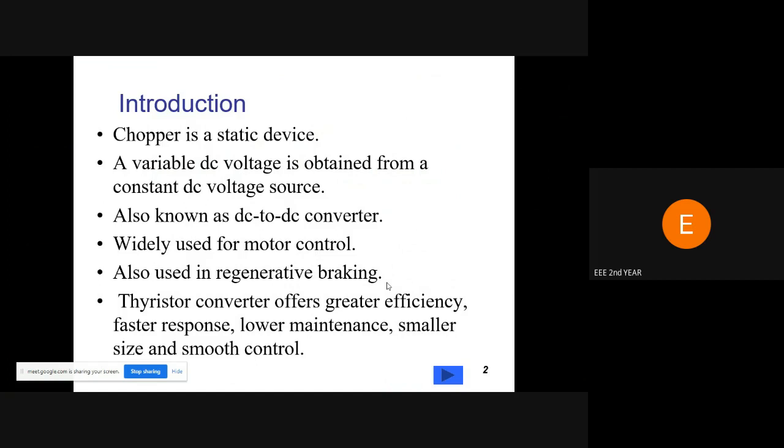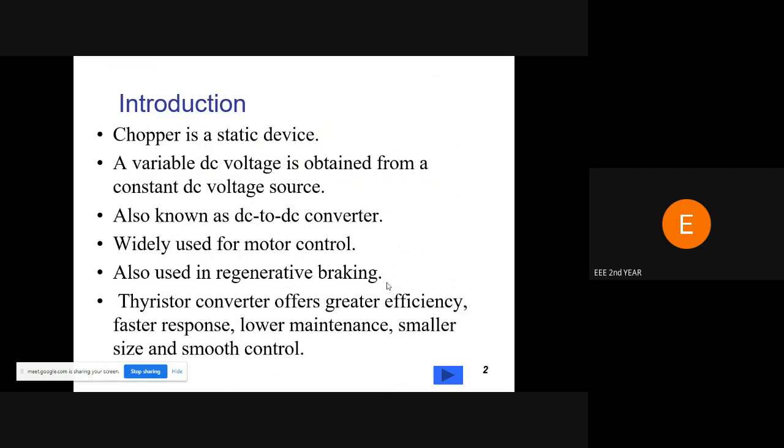The thyristor converter offers greater efficiency. In our second unit, we discussed the phase control rectifier, which operates using thyristors only. The thyristor converter offers greater efficiency, faster response, lower maintenance, and smaller size.